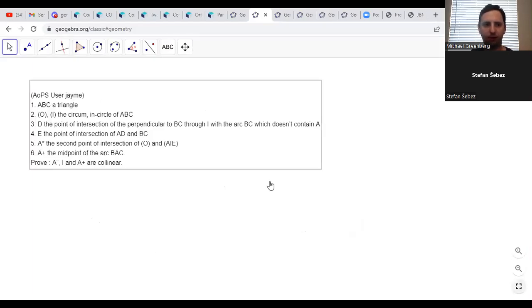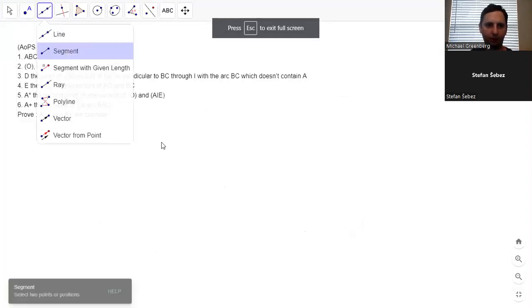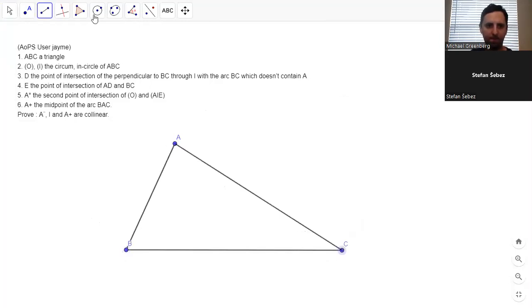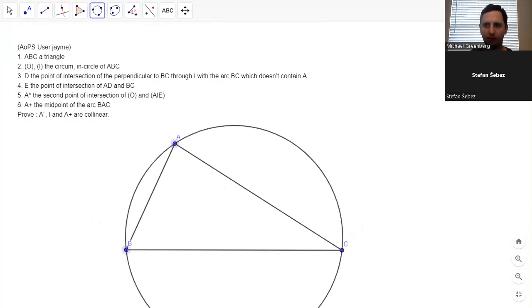So this is by Jean-Louis Ayme himself. We have a triangle ABC, and we draw the circumcircle and the incircle. I don't know if we actually need the circumcenter ever.